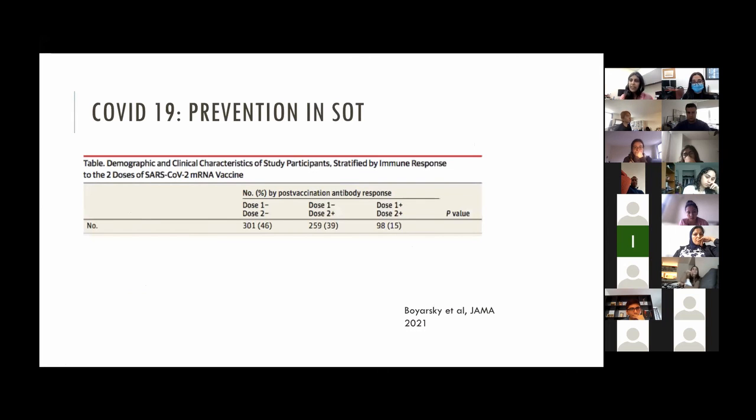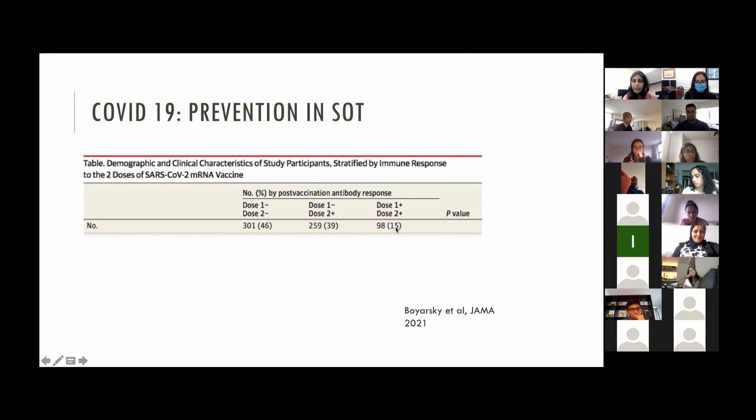So I talk about this case because it's very hard to not talk about COVID right now in transplant. It's such a hot topic, and I'm sure many of you are seeing these patients. This is a study published in JAMA last year, which basically looked at post-vaccination antibody response in SOT.